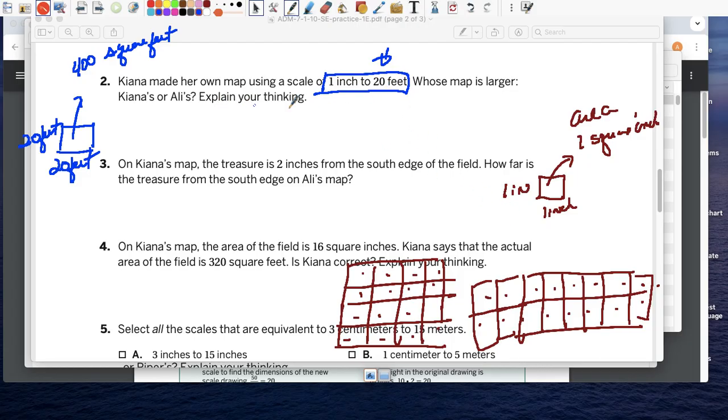We have 16 of them, right? Because there were 16 of these. So you change 1 inch by 1 inch to 20 feet by 20 feet, because that's the scale, and then you find the area of one of these, which is 400 square feet, and then you multiply by 16. So 400 times 16.